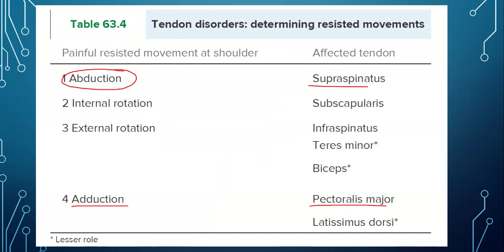Adduction is done by pectoralis major. Internal rotation is done by the subscapularis muscle, and external rotation is done by the infraspinatus muscle. Okay, and teres minor. Now these four are the rotator cuff muscles. So if there is a tear of any of them, that's a rotator cuff tear.